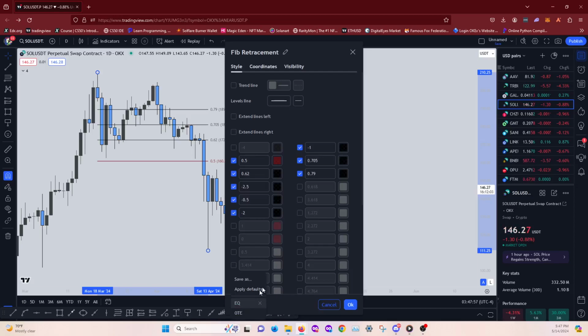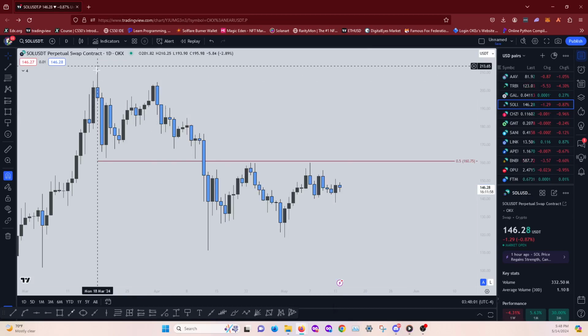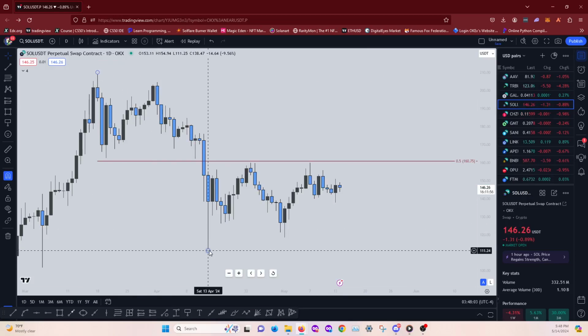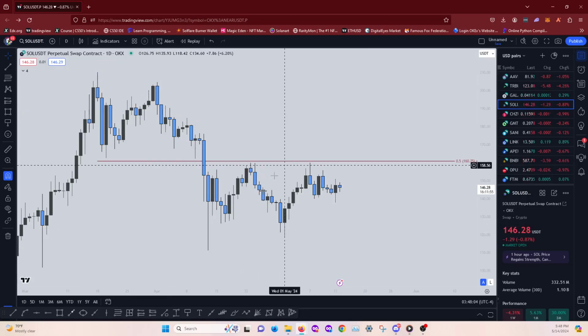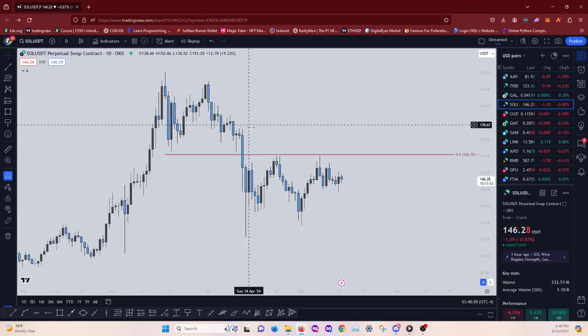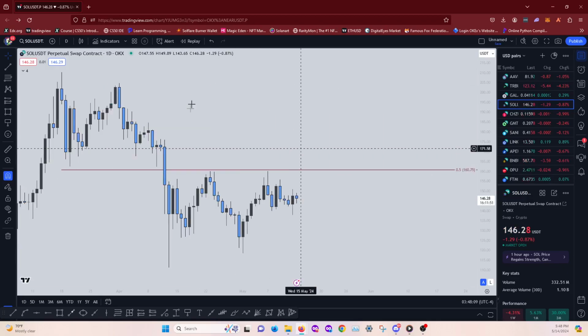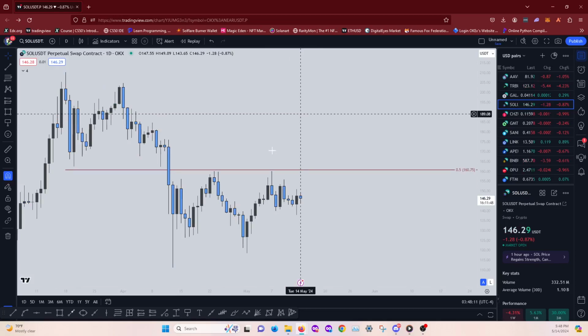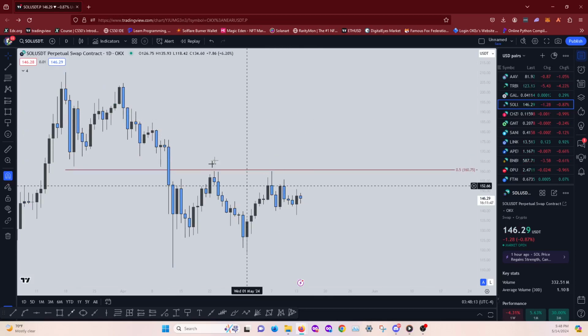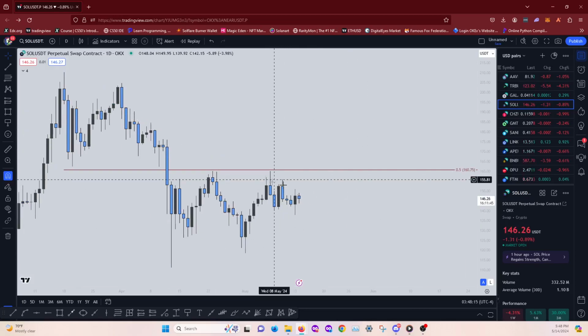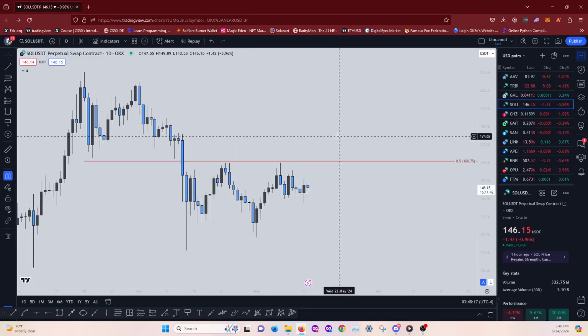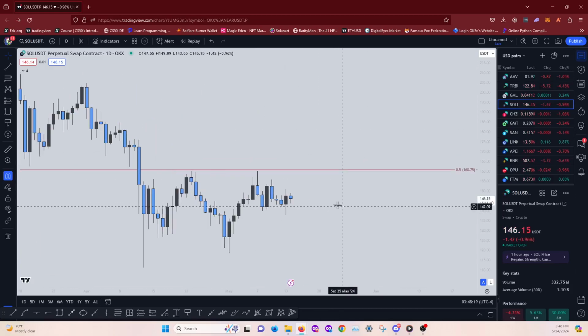This is what I would define as the external range. From this high to this low is our external range, and we're currently trading at a discount of that range. So if we were bullish and we were buyers, I would consider longing from below range equilibrium.